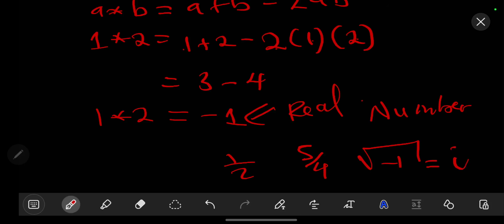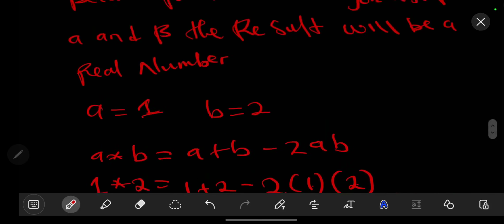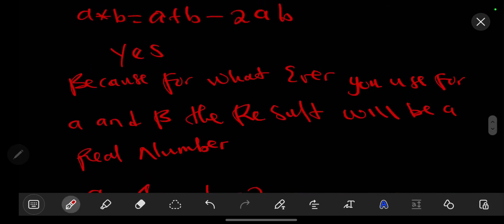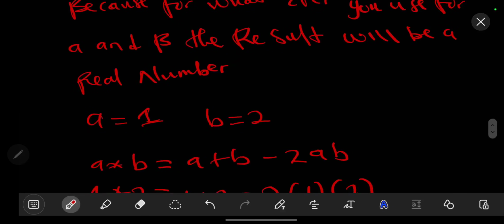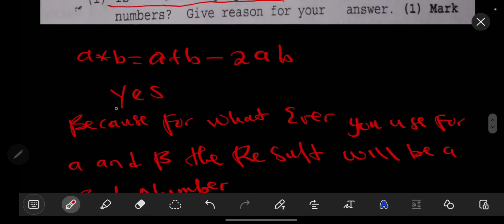So when they ask, is star a binary operation on the set of real numbers, they are asking: for any two values of a and b that you use, are you always going to get a real number? If yes, then it is binary on the set of real numbers.